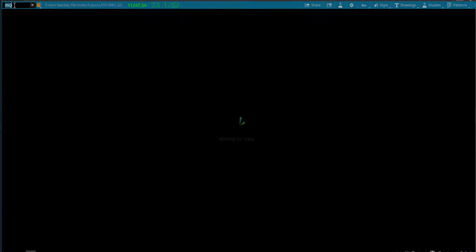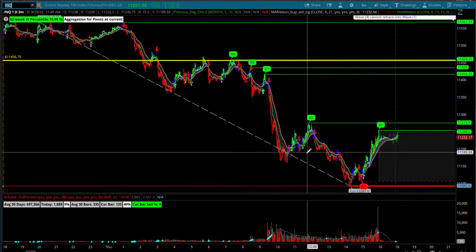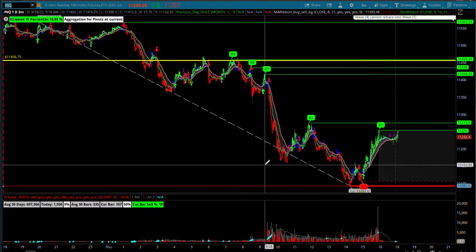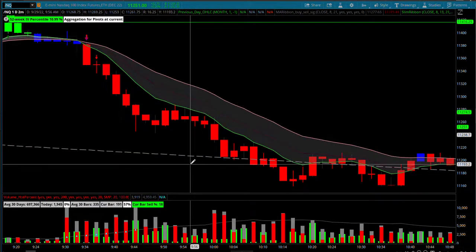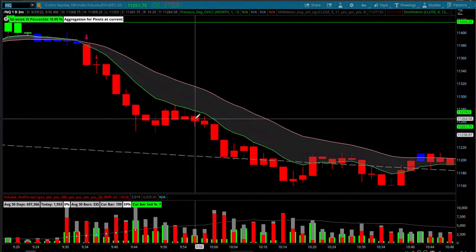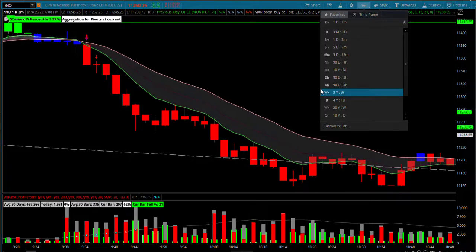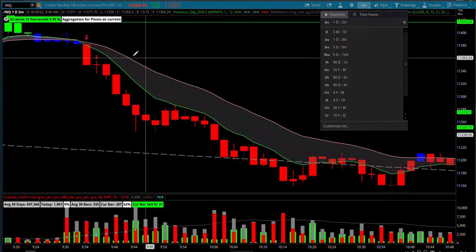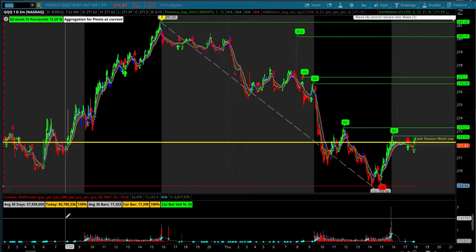I've deleted everything on that one, so I can actually use it. 956. So I came in here, and what I had identified, for some reason it's not showing up on my chart here. Maybe it was on the Qs. Let me double check. Yeah, there it is. It's on the Qs.